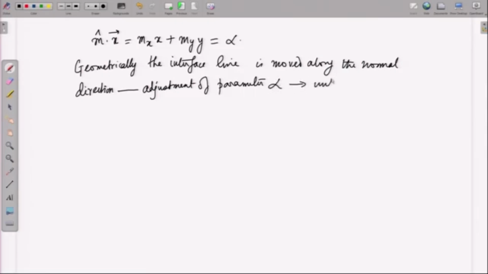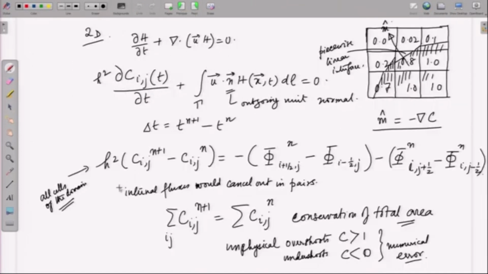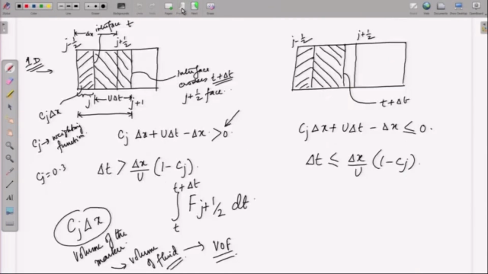Until when? Until the area under the interface for that particular cell equals h square C i j, and that is for the new time. So, what we are trying to mean is that we have shown the discretized equation which indicates the new time C i j, and we are trying to figure out how to reach there.